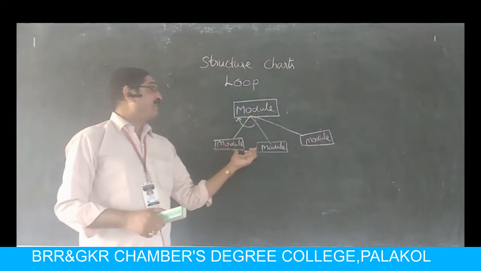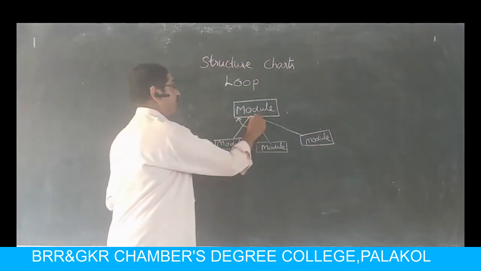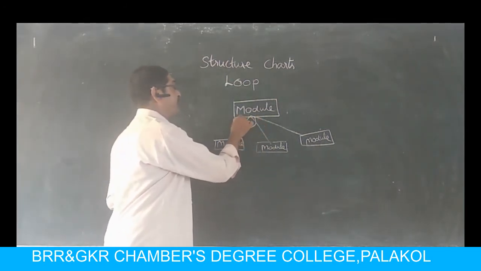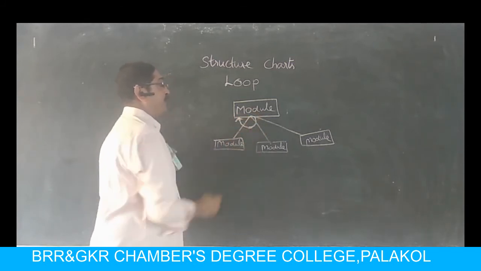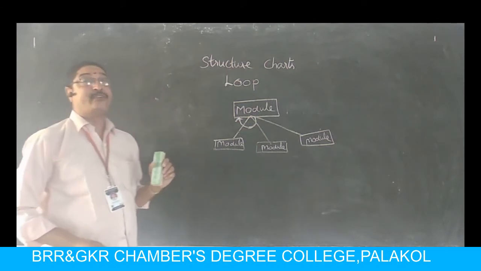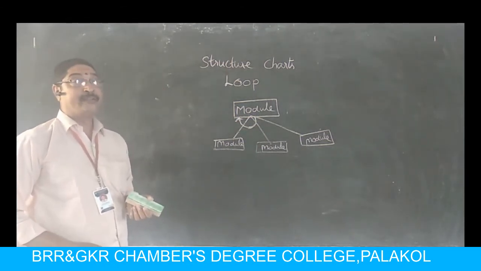So these two modules covered by this curve will repeat execution. This can be explained as a loop in a structure chart.